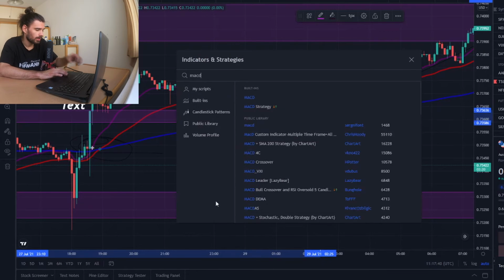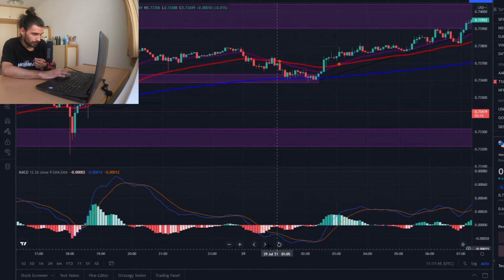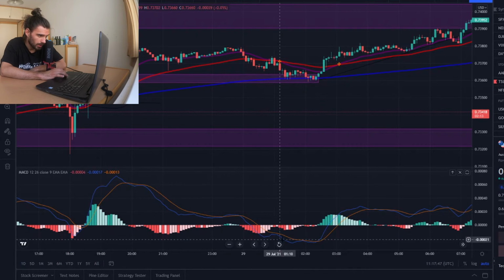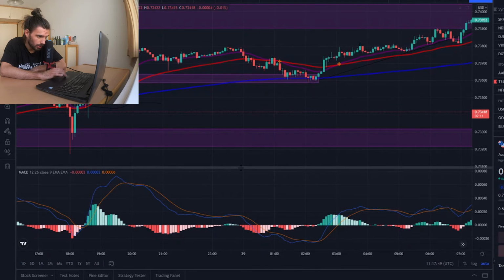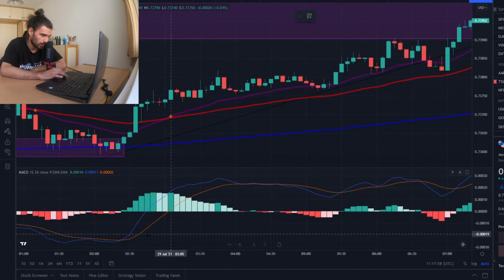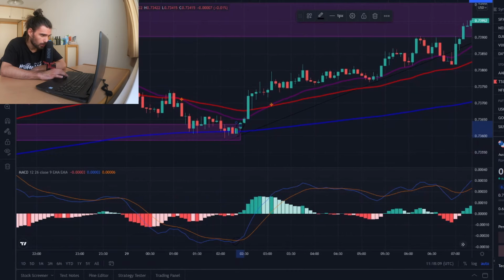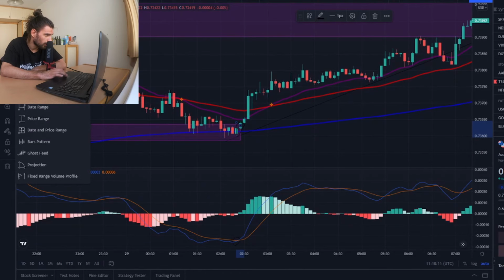So now we have the bullish trend, the confirmation, the retest of the 200 EMA, and the support line. Now if we add another indicator like the MACD, we can see here that we went below the zero line, and we want to look here for the entry where we see this cross, which would be one of those candlesticks here, and this is where you want to enter your trade.